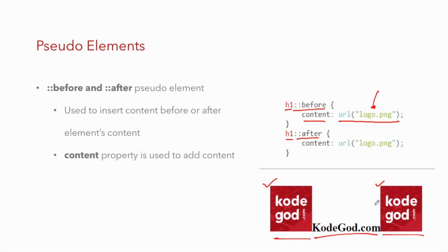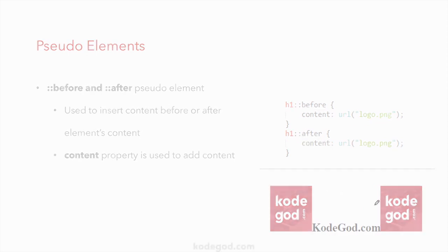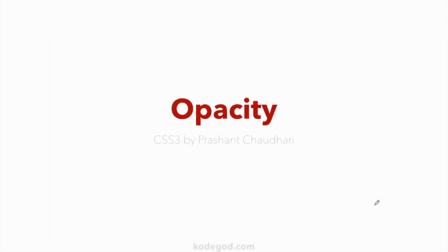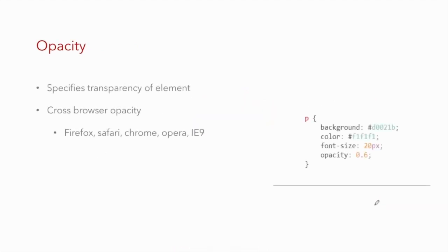So that was all for pseudo elements and classes. Now let us continue with opacity. Opacity is quite required when we want to specify the transparency of an element. In most of the modern browsers, you can use opacity directly as the property name, like I have specified here, and then you can specify a value from 0 to 1, and it can be like this.